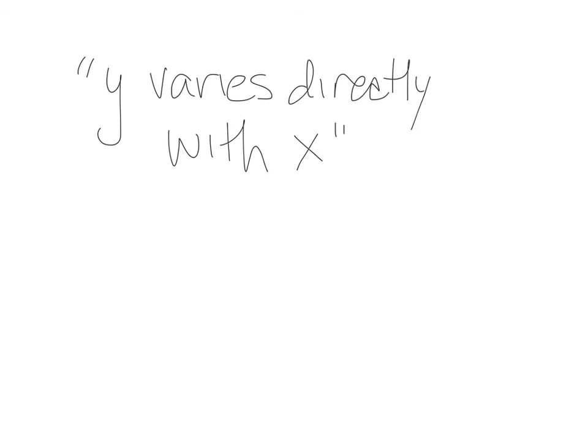What you will see in words when you're given a word problem that deals with direct variation is this phrase: y varies directly with x. That's where we get this equation from, y equals a times x.